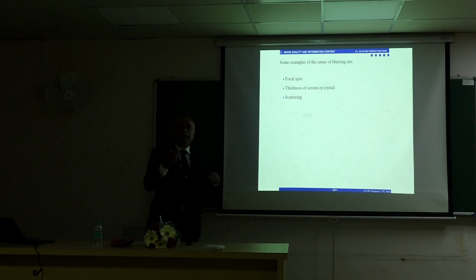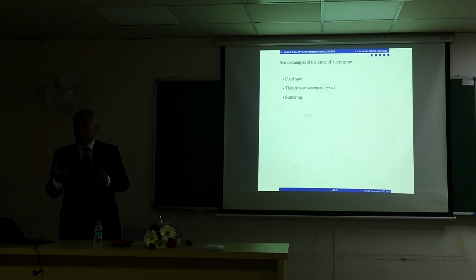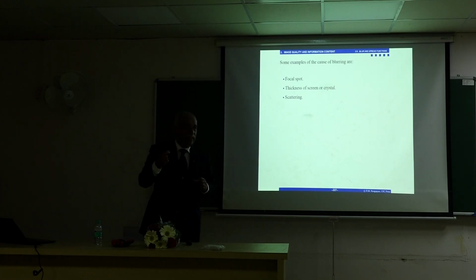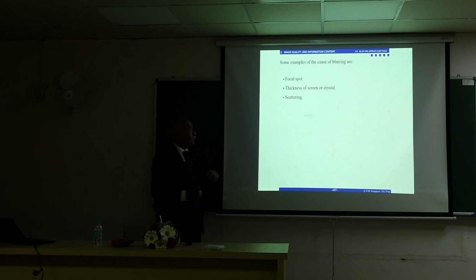Or in the case of positron emission tomography and single photon emission computed tomography, there is a scintillation crystal that responds to the gamma ray photons coming in. And the scintillation will cause some spreading within the crystal before it is detected using a photomultiplier tube.